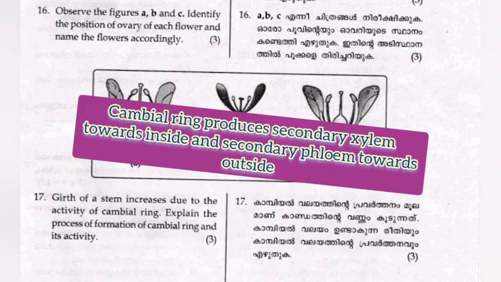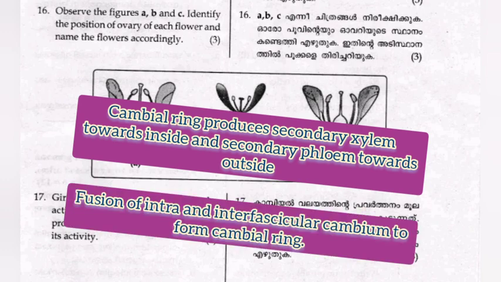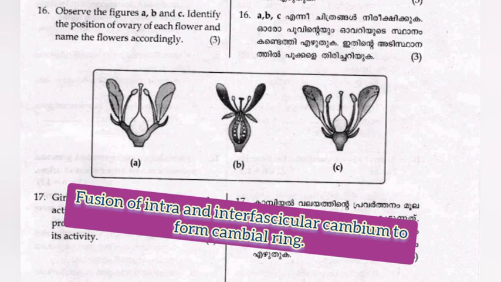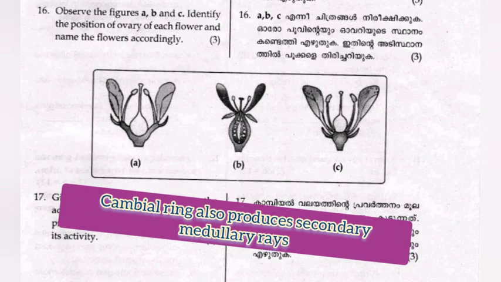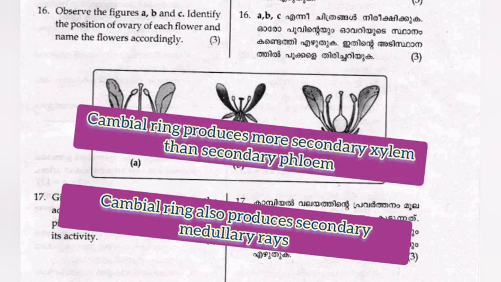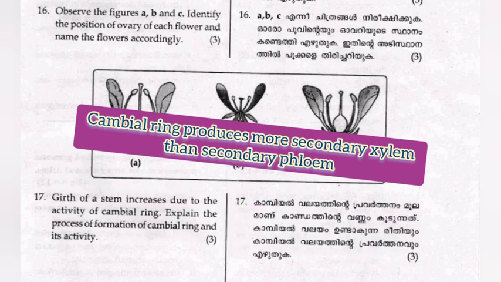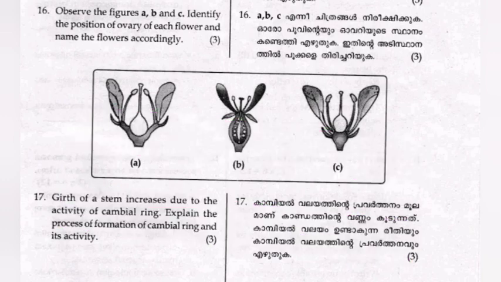Fusion of intra and interfascicular cambium to form cambial ring. Cambial ring produces secondary xylem towards inside and secondary phloem towards outside. Cambial ring also produces secondary medullary rays. Cambial ring produces more secondary xylem than secondary phloem. 3 marks, so write 6 points.